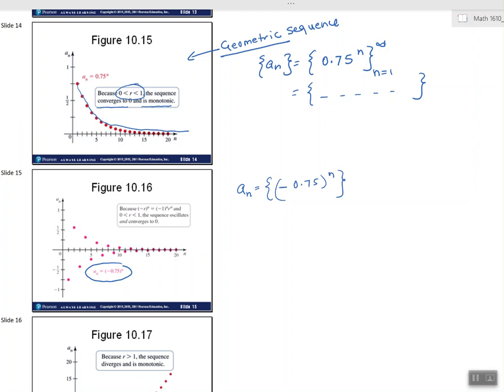Now from the graph you can see that it does converge to 0. However, it's not monotonic. It oscillates. So first you would be here, then you would go up, then down, then up, then down. But however, still you would converge to 0.